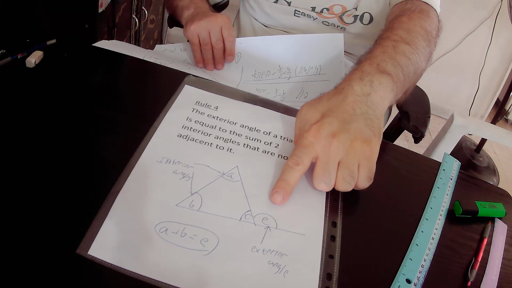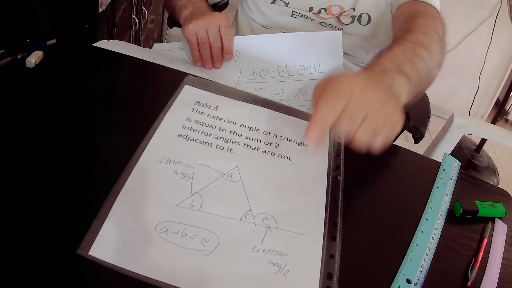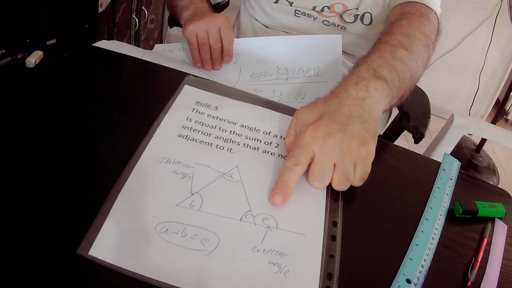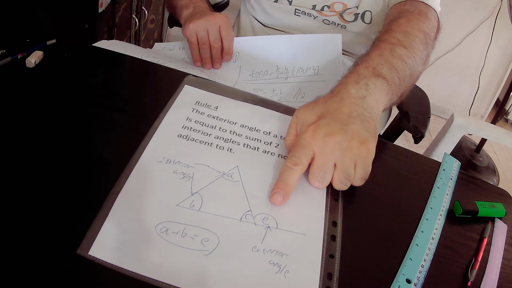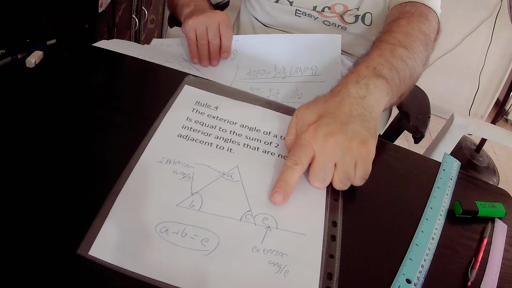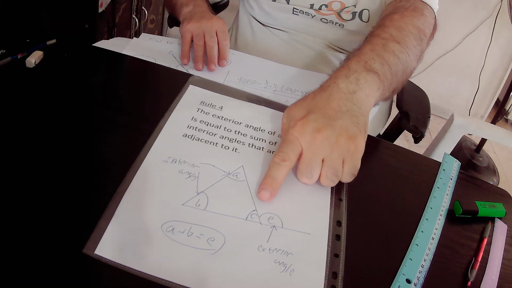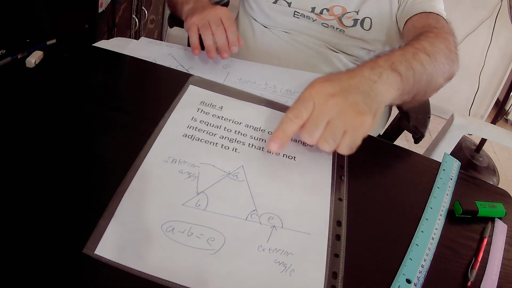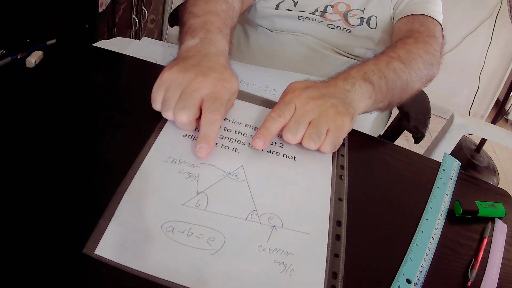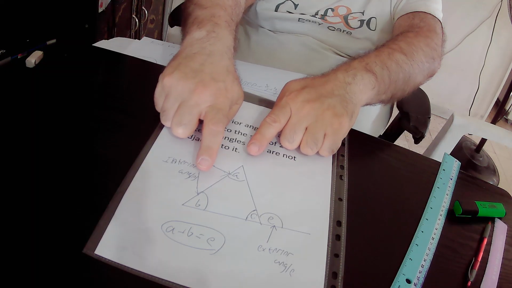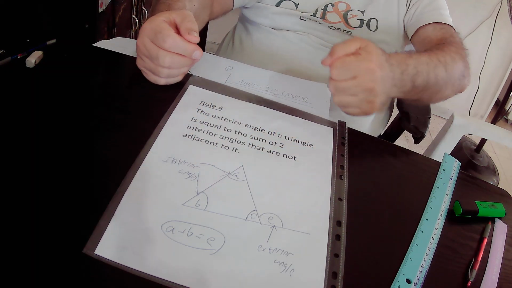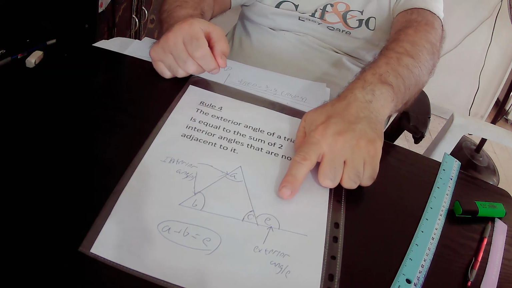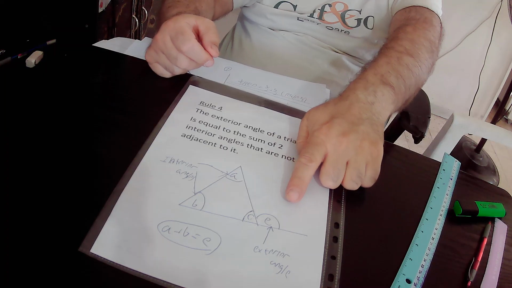Therefore, angle E is defined as the external angle of this triangle. According to this rule 4, the size of the external angle E is equal to the sum of the two interior angles that are not adjacent to it. Angle C is adjacent to angle E, and the two other angles that are not adjacent to angle E are A and B. And the sum of those two angles is of course A plus B. So according to this rule 4, the size of angle E is A plus B. Again, angle E equals A plus B according to this rule 4.